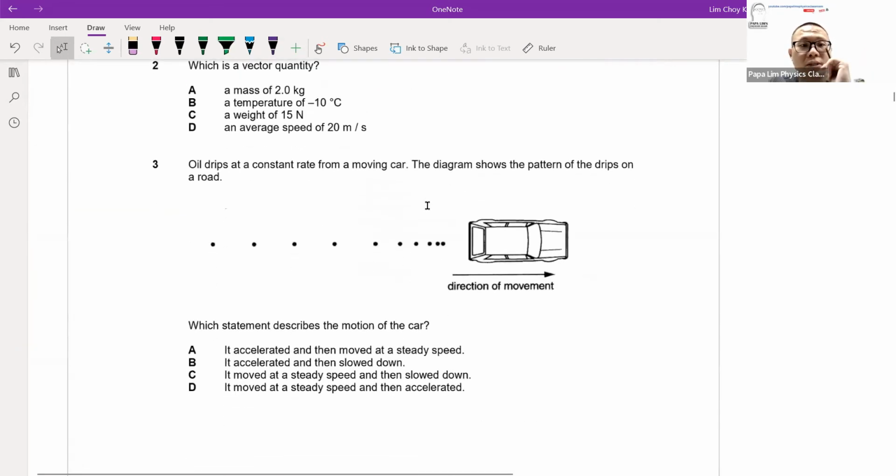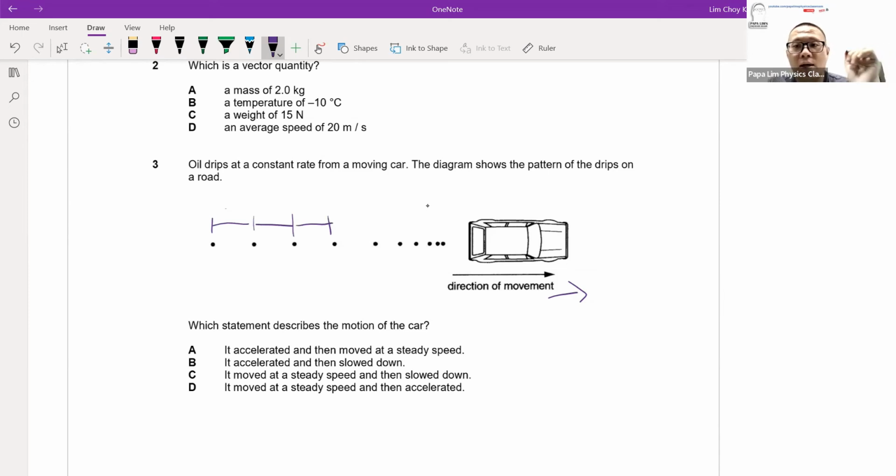For question 3, take note, we are looking at the drawing. The car is moving to the right, as mentioned here. Look at the spacing of the dots. While the car is driving, the oil is dripping down, and the spacing of the oil drips is actually the same distance.